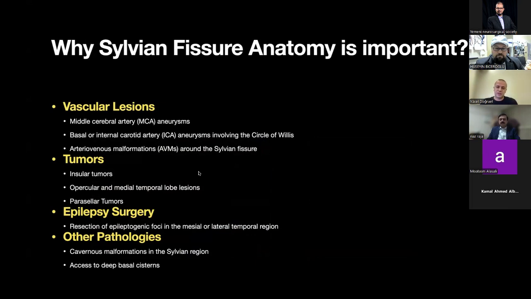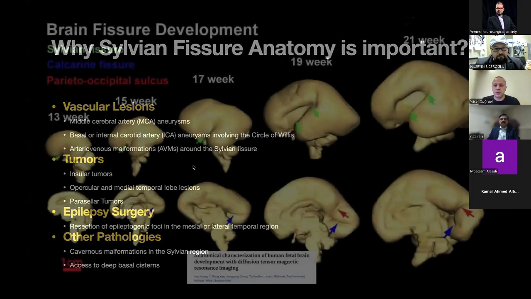We use this as a corridor. Also for epilepsy surgery, for selective amygdalohippocampectomy, for insular tumors, parasellar tumors, or even to sometimes reach the anterior portion of the brainstem. We can use the Sylvian fissure as a corridor. That's why its anatomy is very important for us.